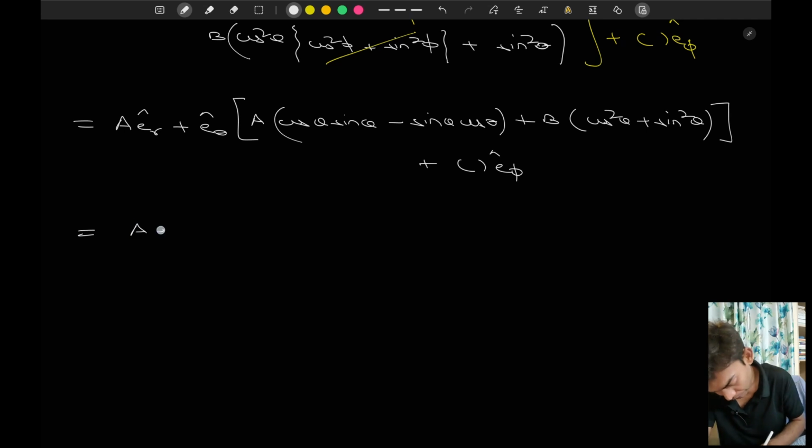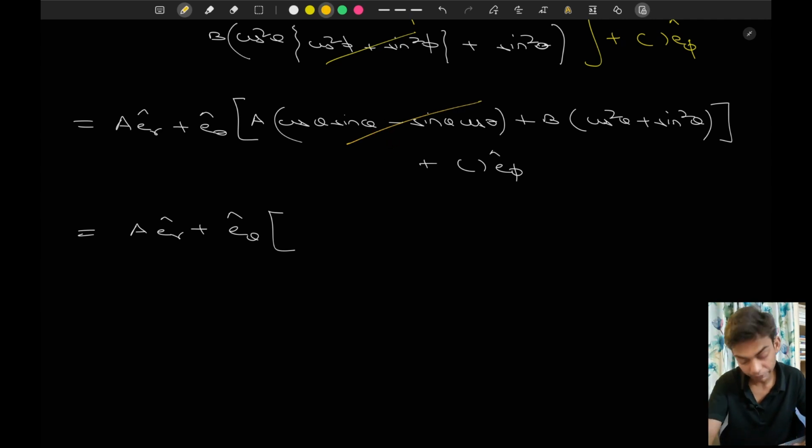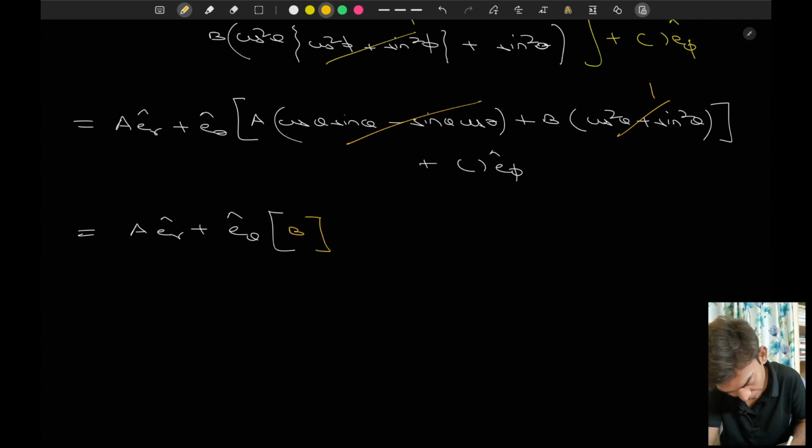So this will give me just a er plus e theta. This term just cancels away, nothing left. So we have just b, plus something times e phi.